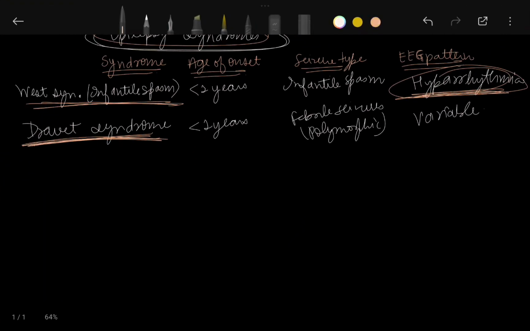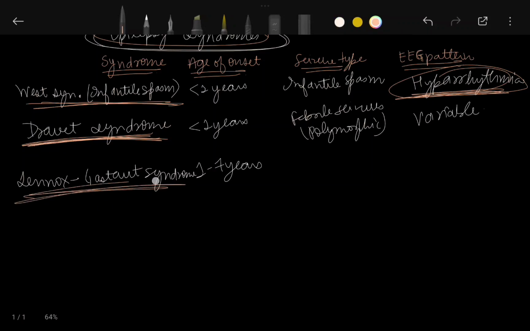Now in children in the age group of 1 to 7 years, what is seen? Lennox-Gastaut syndrome is seen. Okay.